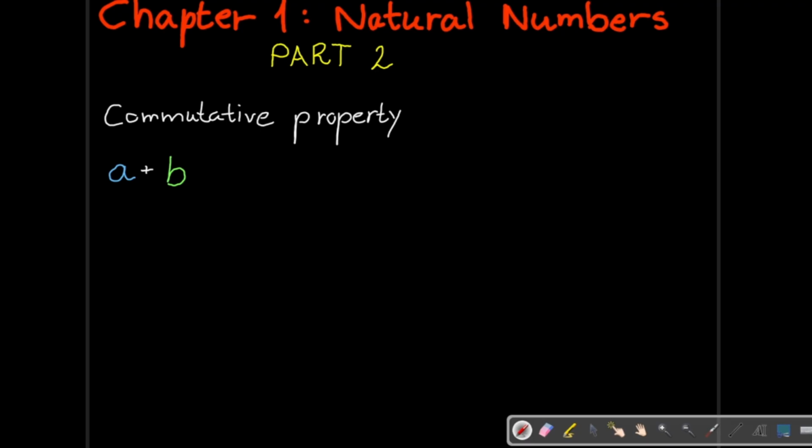So we can first take the number A and then add B, or we can take the B number first and then add the number A to it. So this is very obvious, but yeah, it's one of the properties.